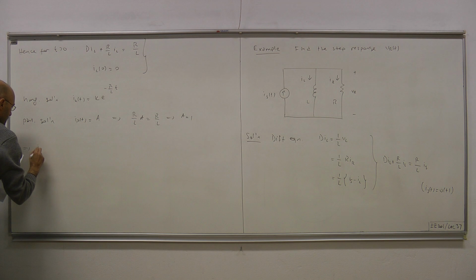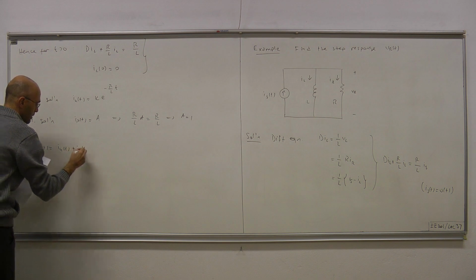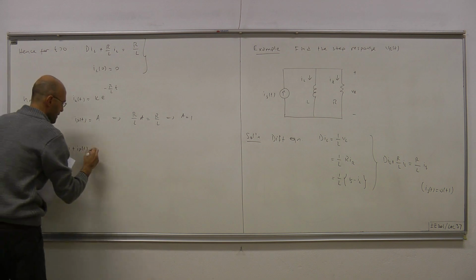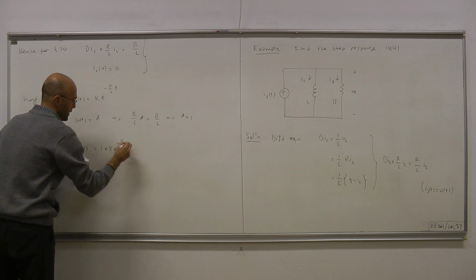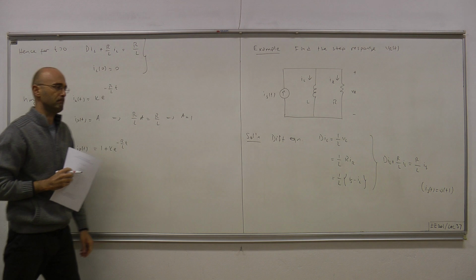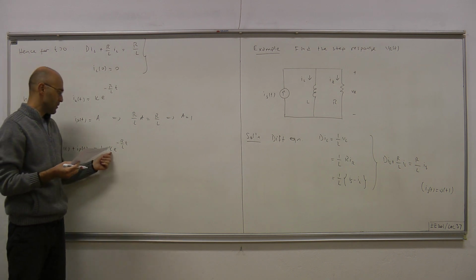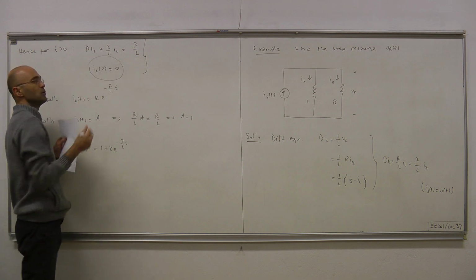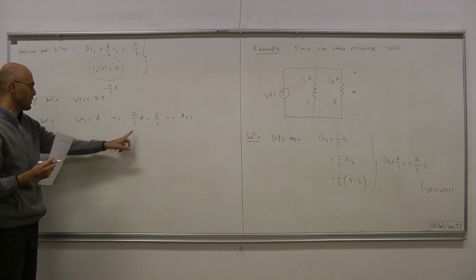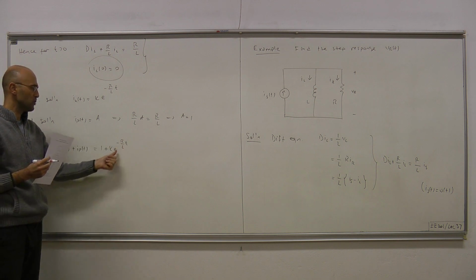So we have IL of t equals ILH plus ILP. That's 1 plus K e to the natural frequency times t. Okay. Now K is still unknown, and for that we will use something that we haven't used so far. We can evaluate this expression at t equals 0. Plugging t equals 0, the exponential becomes 1.